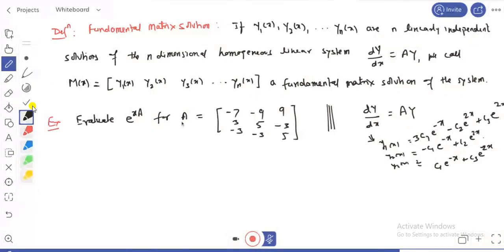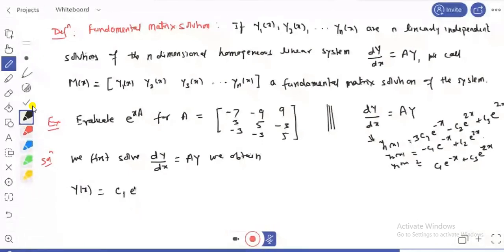So here, if we solve this, we first solve dy over dx equals Ay, and we obtain the solution. The solution can be written in this form: c1 e to the power minus x, if we take common, this is (3, minus 1, 1).